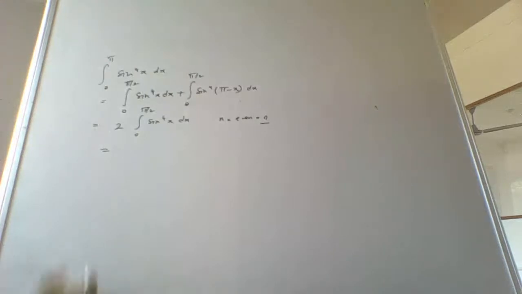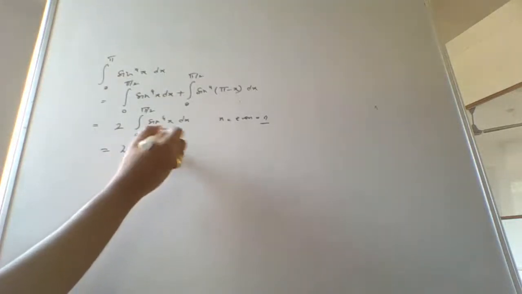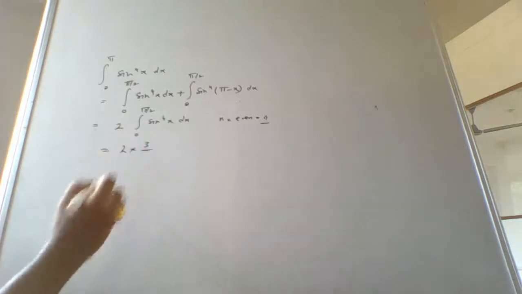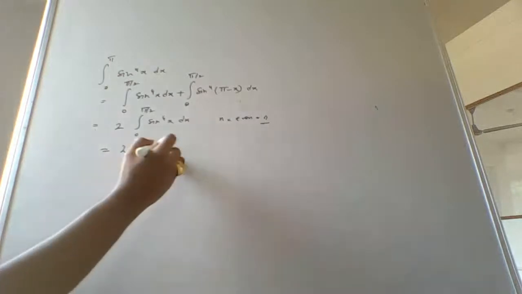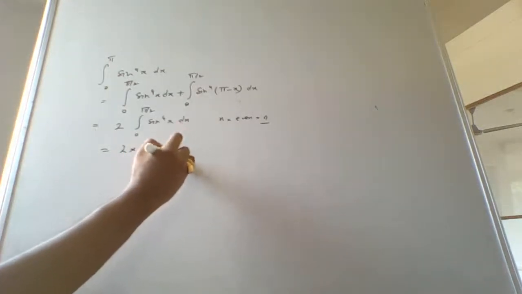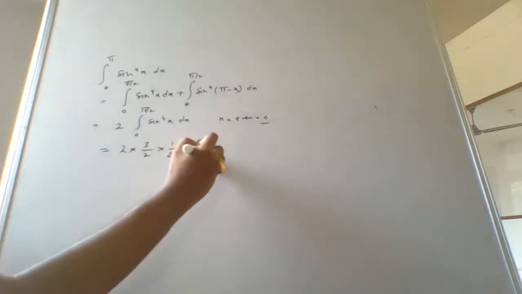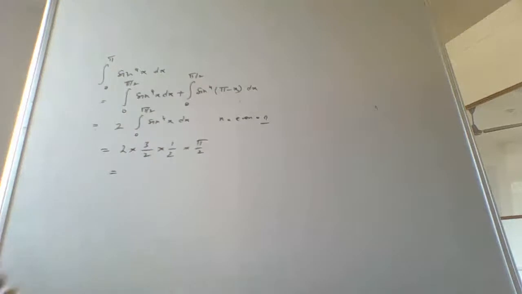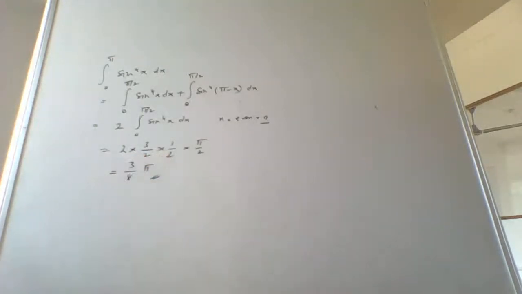So 2 multiplied by 4 minus 1, which is 3, by 4 minus 2, which is 2, and again multiplied with 1 by 2, and also it is even, so it is pi by 2. So this results in 3 by 8 into pi, which is the solution.